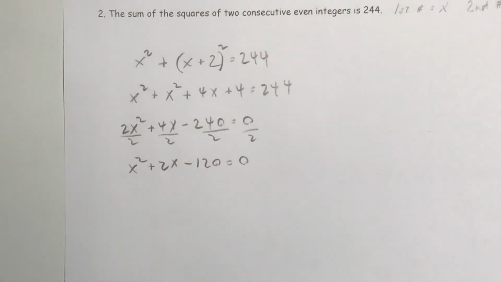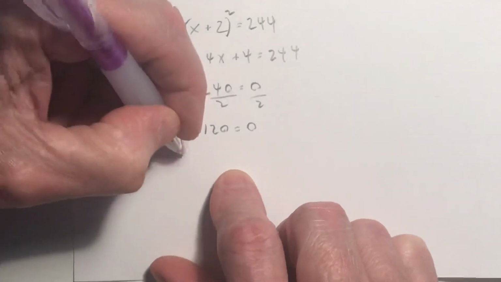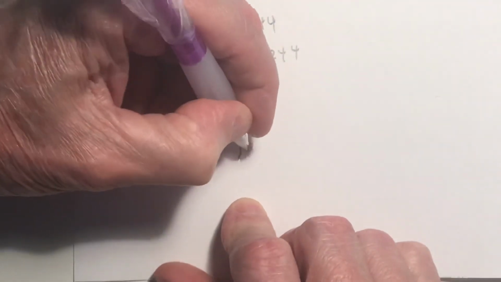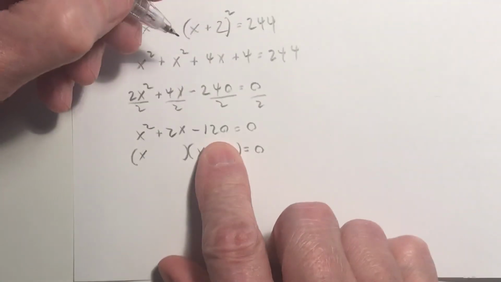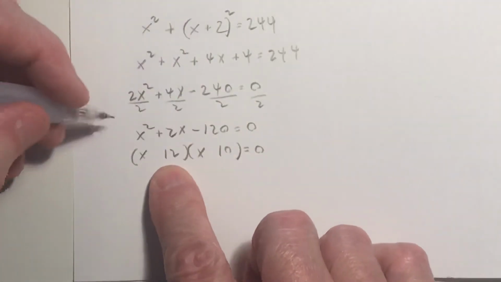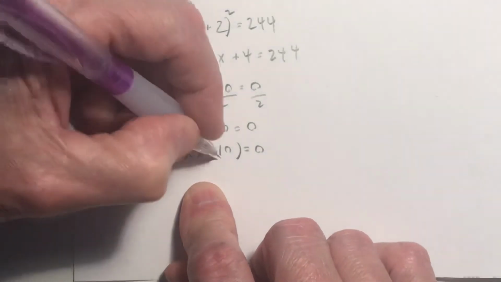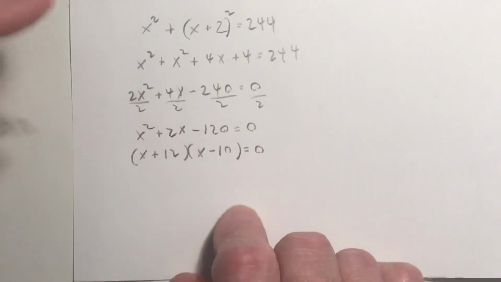And now we need two numbers that add up to 2 and multiply out to negative 120. Maybe you can think of those before I even write them. 12 and 10. If we make this the positive and this the negative, those will add up to plus 2 and those will multiply out to negative 120.